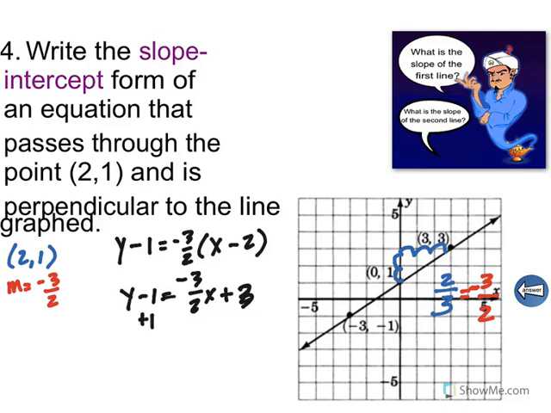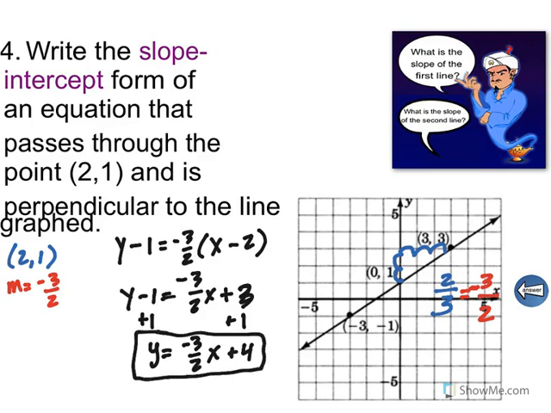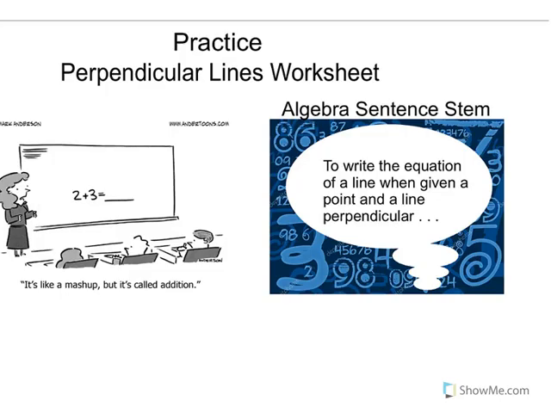Then add 1 on both sides, and we get y is equal to negative 3/2 x plus 4. Again, remember that when we're looking at perpendicular lines, we're not using the same slope, but we need the slope so that we can take the opposite reciprocal of it.